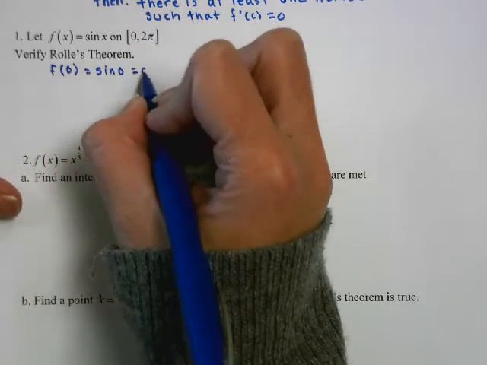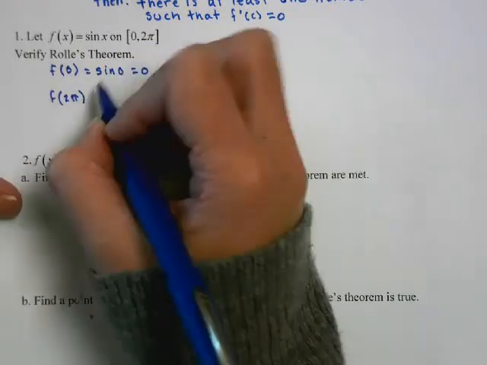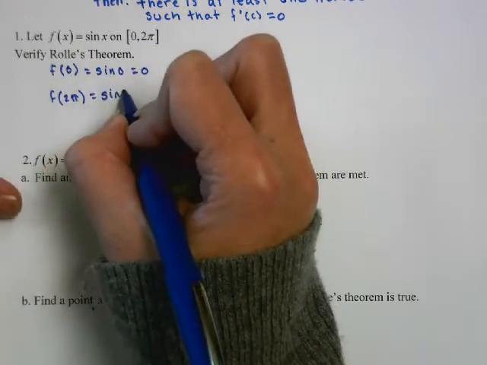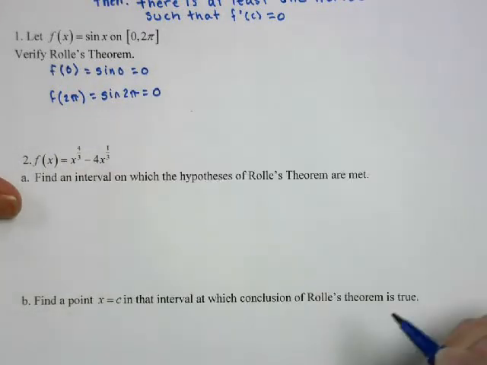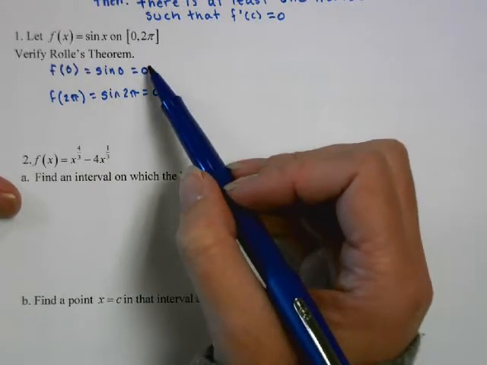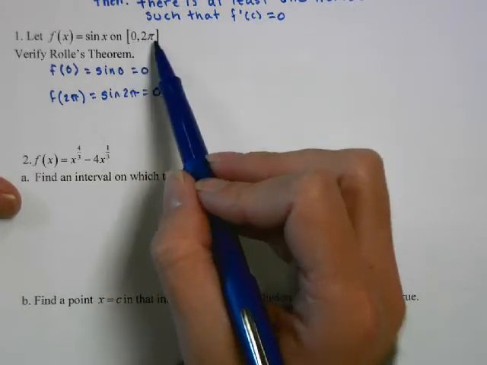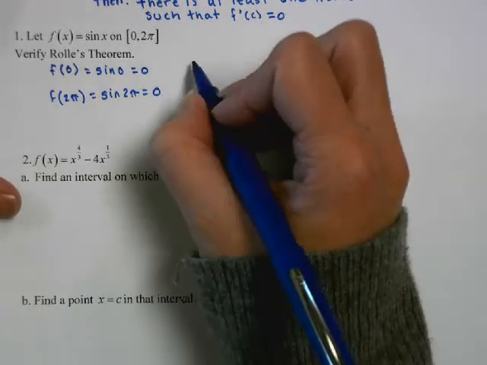Sine of 0 is 0. F of 2 pi is sine of 2 pi, which on the unit circle is the same location, is also 0. So that says that there is some location between 0 and 2 pi where the derivative is 0.